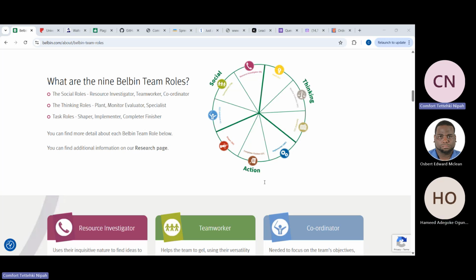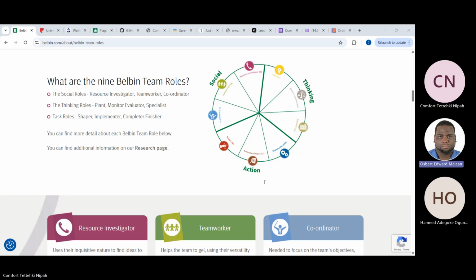We are also Team Workers. We like to foster cohesion and diplomacy in the team. Maybe indecisive in tough moments, but we always want harmony in the team. And we are also Resource Investigators. We like to explore other opportunities as well.